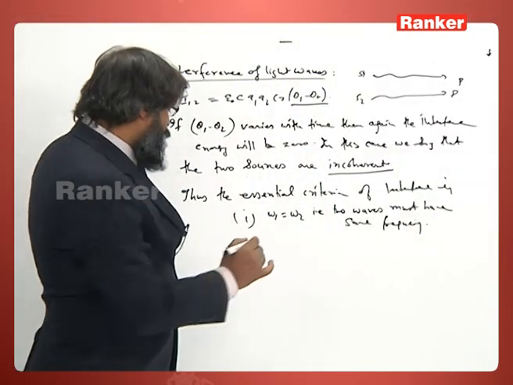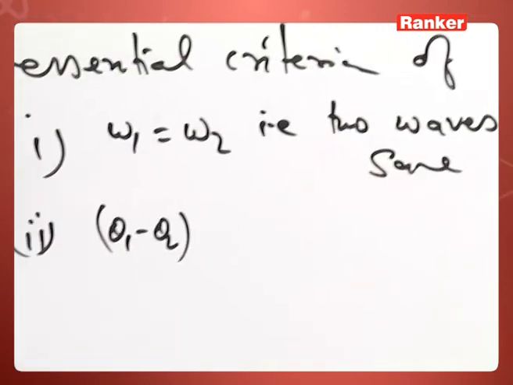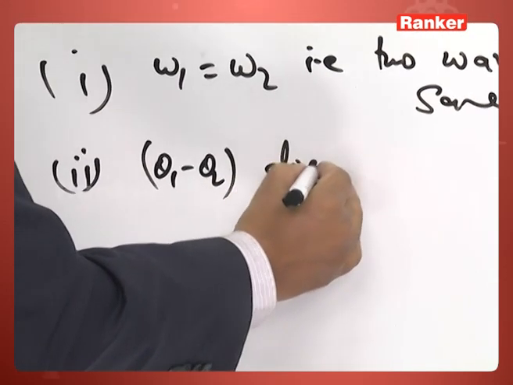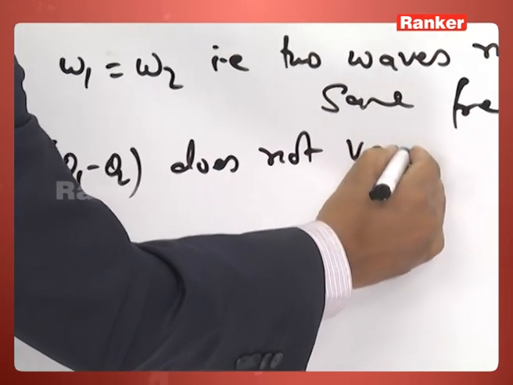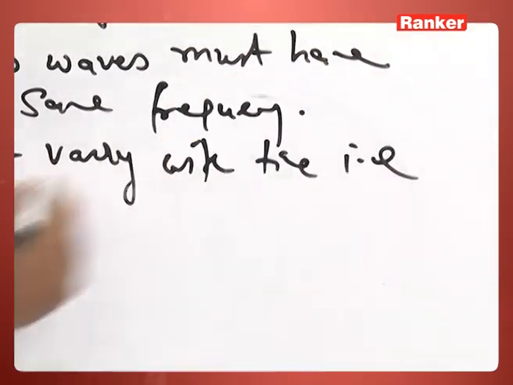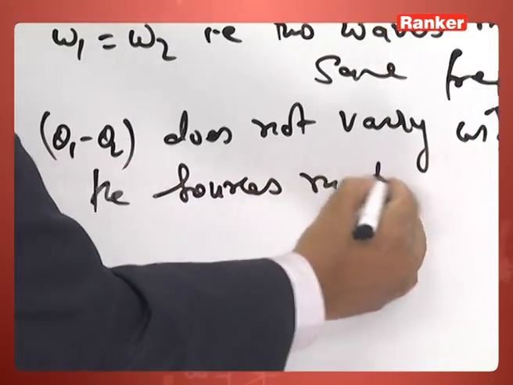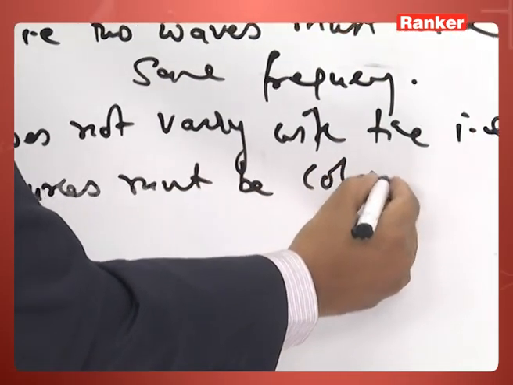And the second point is that theta 1 minus theta 2 does not vary with time, i.e. the sources must be coherent.